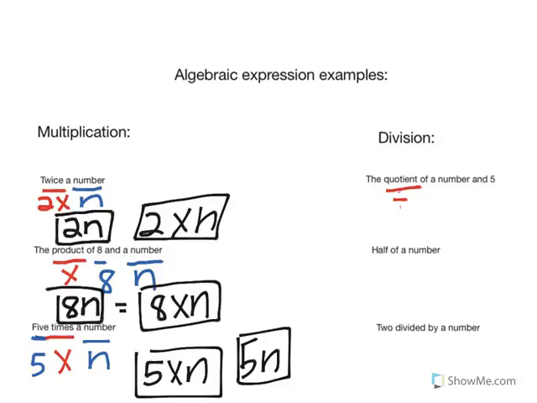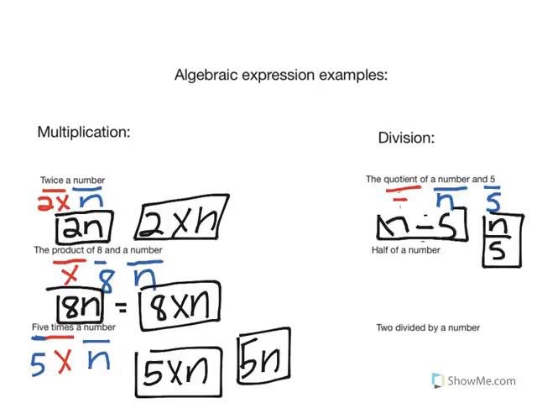And then a number is our variable, and 5 is our number, and this will be written as n, your number, divided by 5, or it could be written out as n over 5. There are 2 ways to write it. They're both right.